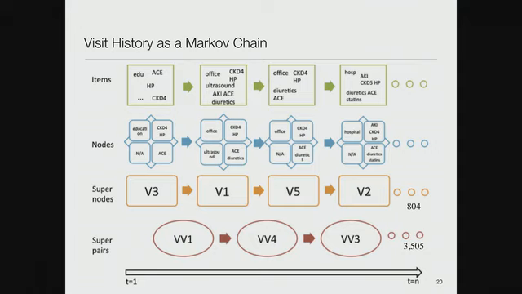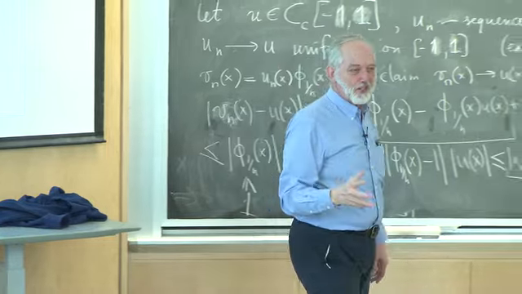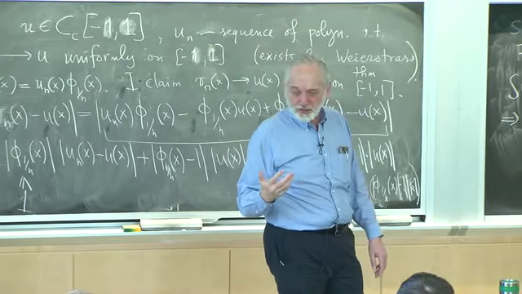These are aggregated into supernodes. That represents your visit sequence. And then these super pairs are this hack to let you look 2 steps back in the Markov chain. And so they wind up with about 3,500 different of these super pair nodes. So it is combinatorial, but it's not terribly combinatorial in their data.